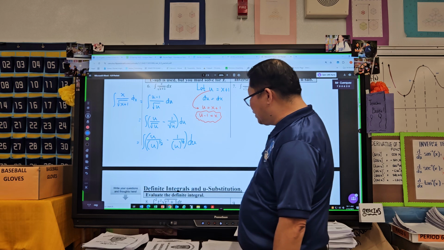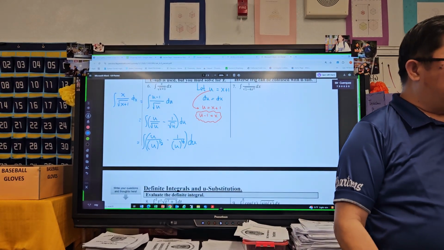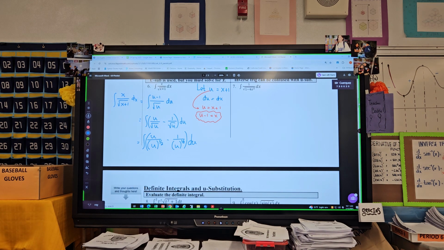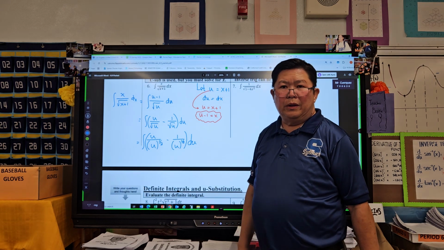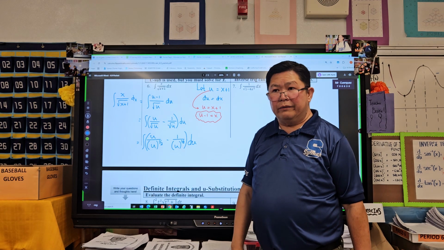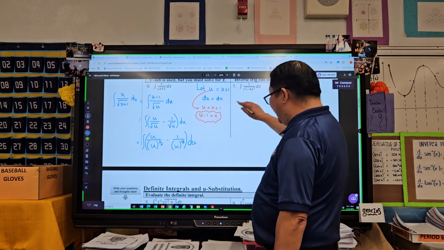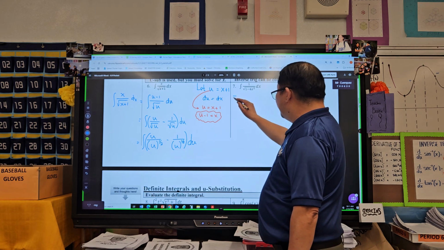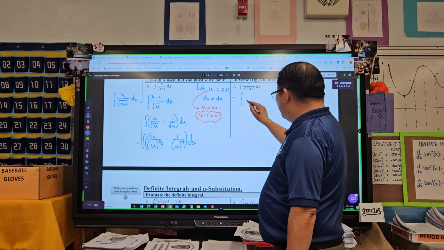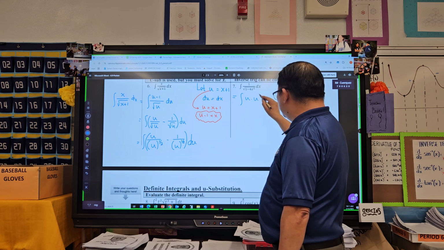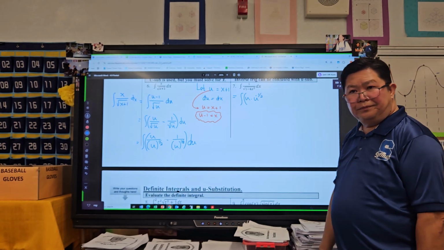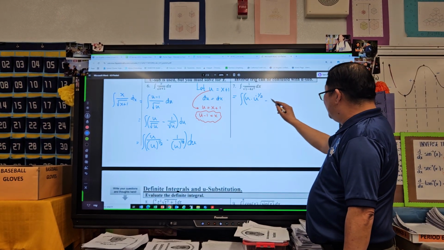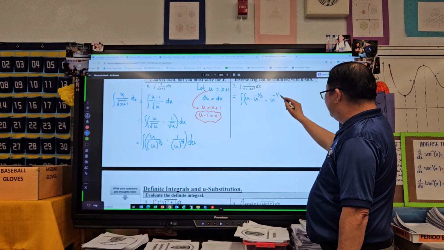So far, question? And what do we do with that u to the power of 1/2? Move it up. Say it loud. Move it up. We move this up. And what happens to the power? The power turns negative. Okay? So, can I continue right here? So we say now the integral of u times u to the power of negative 1/2. Am I right, guys? And then minus u to the power of negative 1/2.